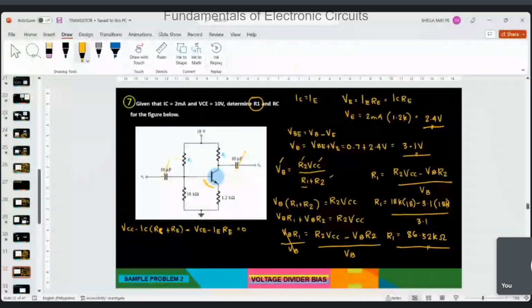Let's use this na lang. Malimut ako yun sa ito nakapag-solve.